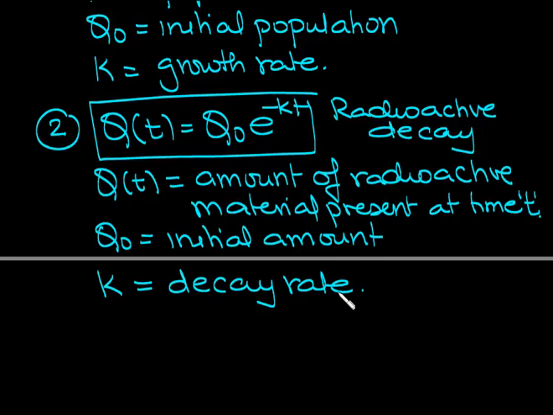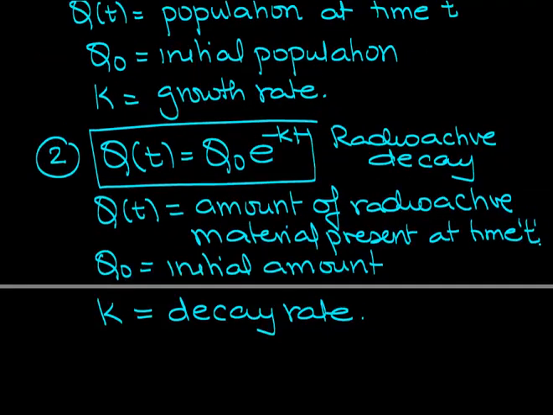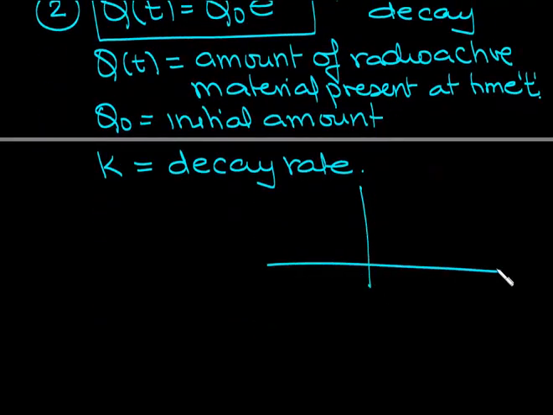Okay, so as a radioactive material emits radiation, it loses its mass and it'll get smaller and smaller. But keep in mind, it'll never get to zero, because when you think about it, if this is t and this is Q, because instead of f and x we have t and Q, Q is the amount of material. As you can see, it gets smaller and smaller. Will this graph ever go to zero?